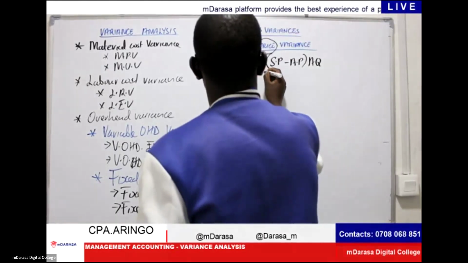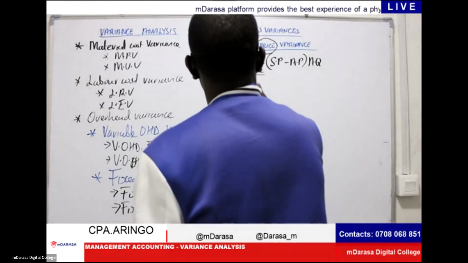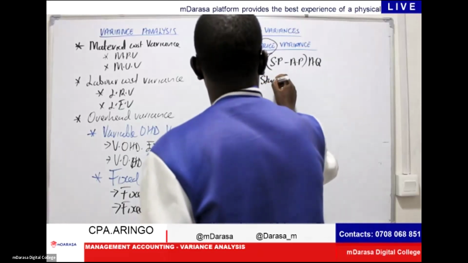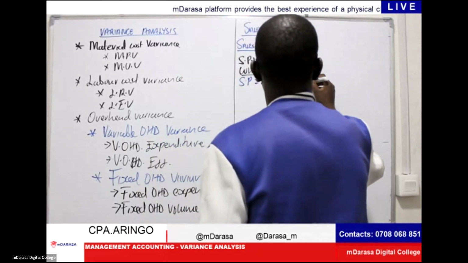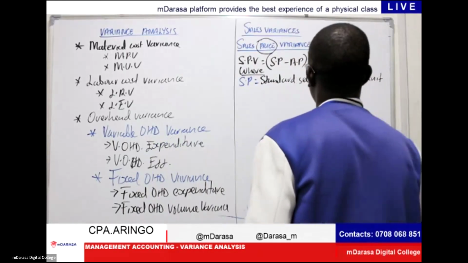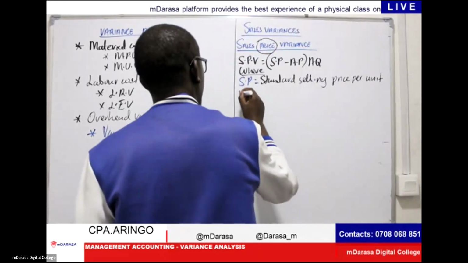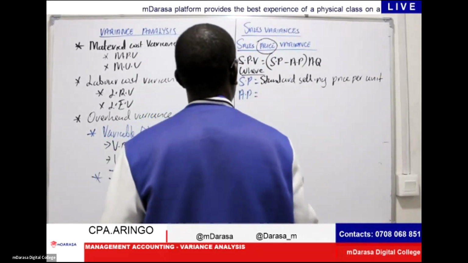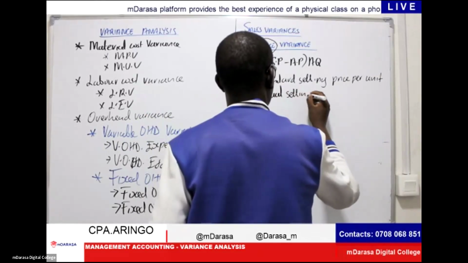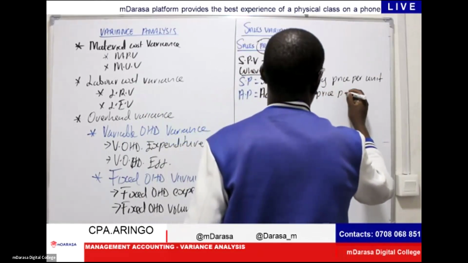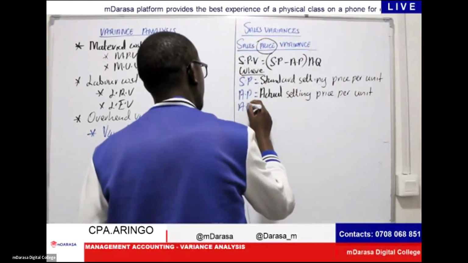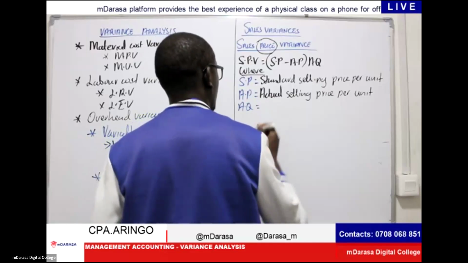Where, in this case, SP will give us the standard selling price per unit, AP will give us the actual selling price per unit, whereas Q will give us the actual quantity of units sold.